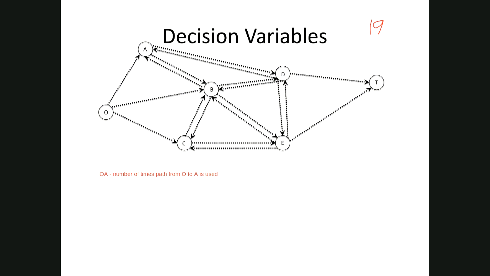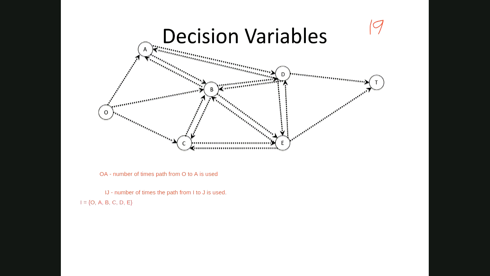And we're going to see that in this case, I can be everything in the set O, A, B, C, D, E. It can't be T because you're never going to leave, excuse me, our terminal, because you're never going to leave the terminal.